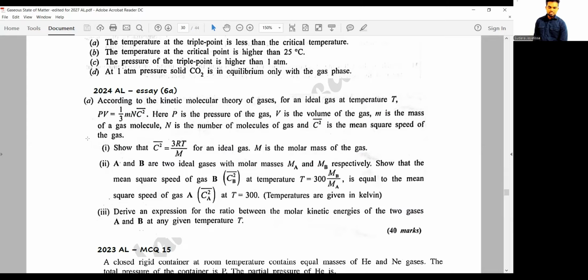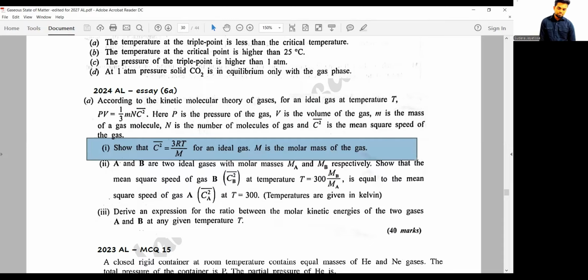This derivation, like I said you had in our theory classes, is very important. This year, after a long time, they ask you to derive this equation. So let's take this as a chance to have a recording of that derivation, so you can refer to that part again later also.